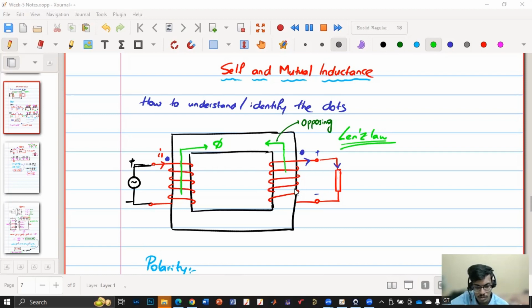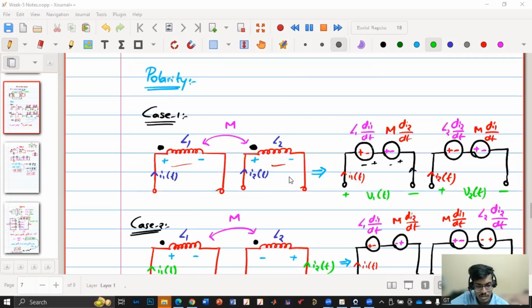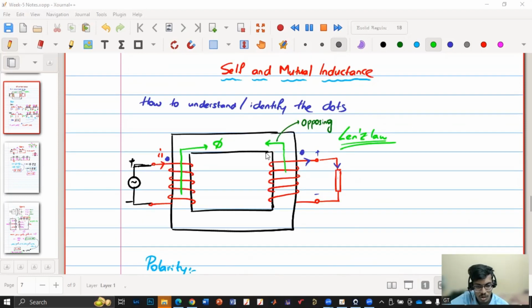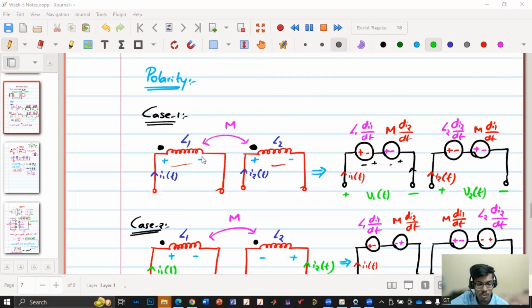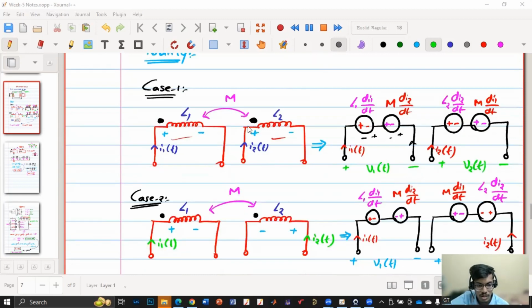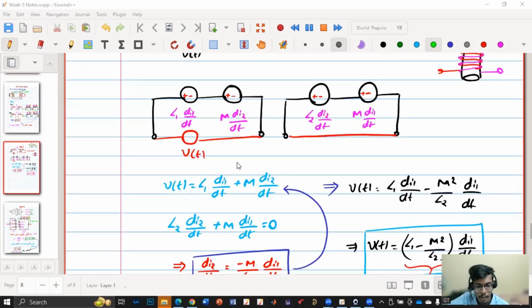So instead of doing that, first the polarity or the dot convention is defined, and now we use that dot convention. Say if these two dots are like this, and the current is entering the dot, then how is the mutual inductance polarity dependent? Say current I1 is flowing in L1 and I2 has no current, but because of the mutual inductance, there will be an induced voltage here. So how is that coming? That is what this is all about.